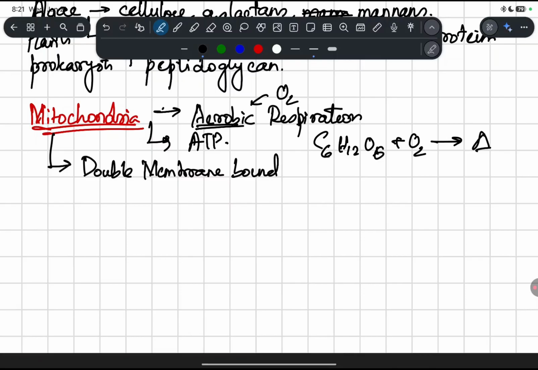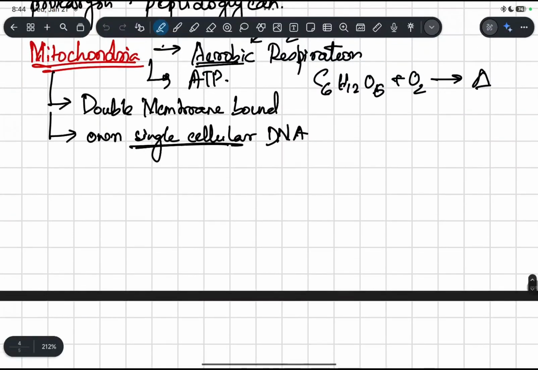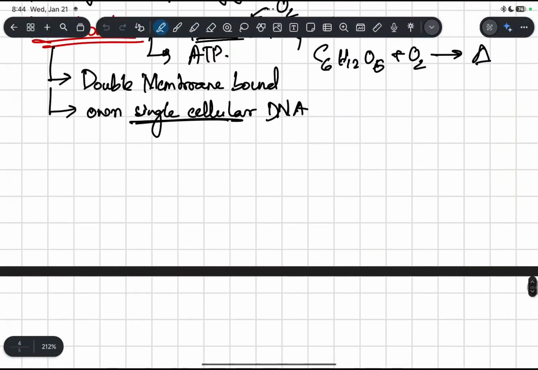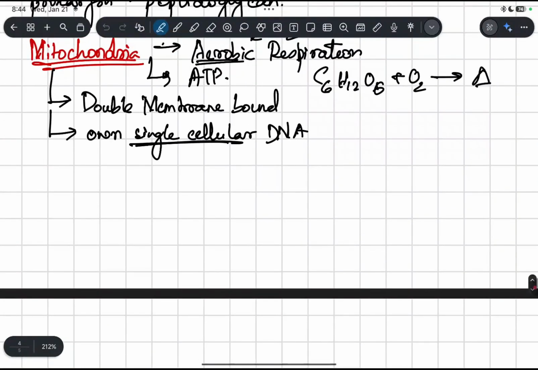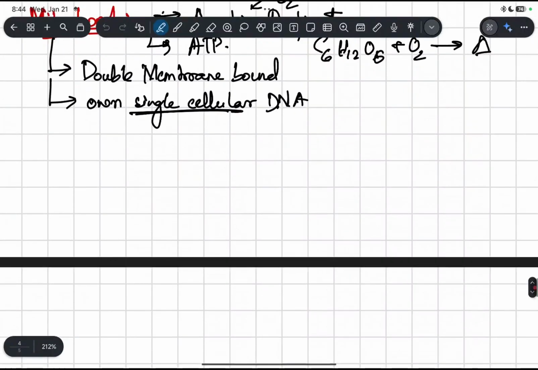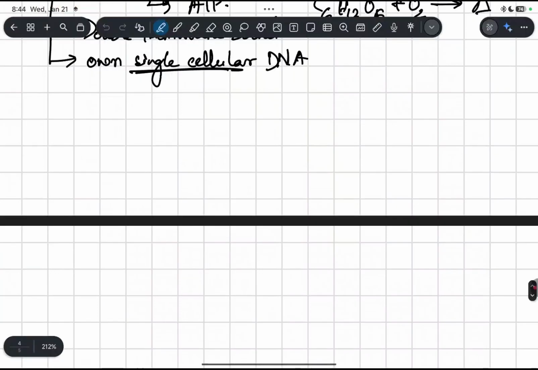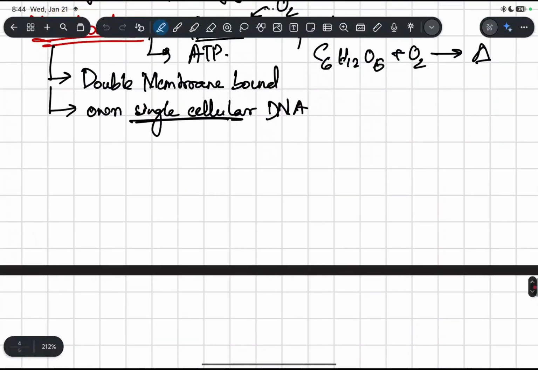It is double membrane bound, and as I said, it has its own single circular DNA. So yeah. In mitochondria, we just saw that it has its own single circular DNA. So what other organelle is there where this genetic material is present?